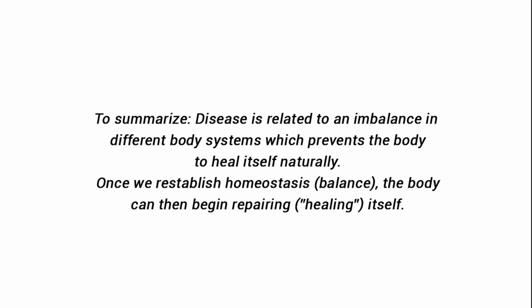So again, disease is an imbalance in the body, and therefore it can't enable its self-healing mechanisms. It can't heal itself. Once homeostasis or a balance is achieved, the body then can enable its self-healing capabilities to permit a cure to happen.